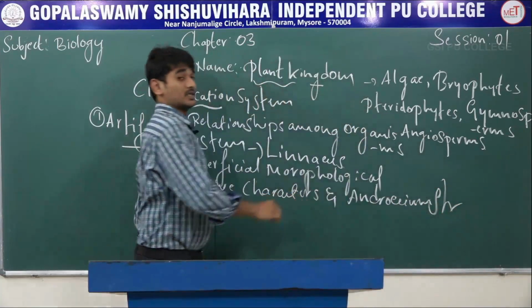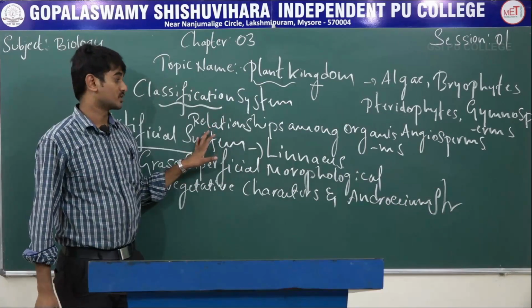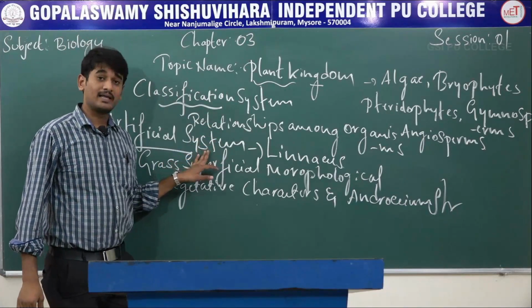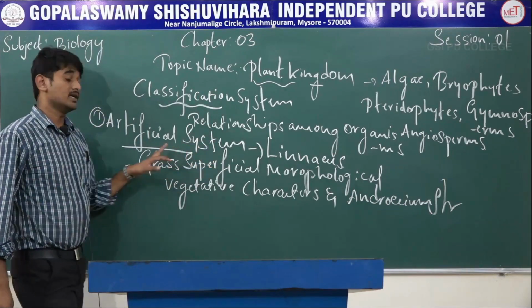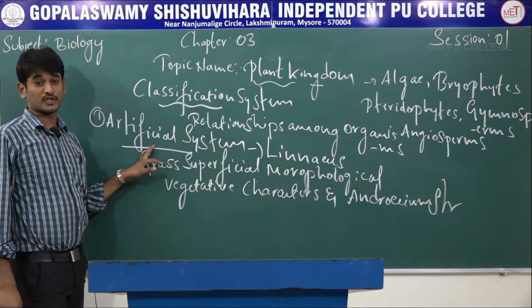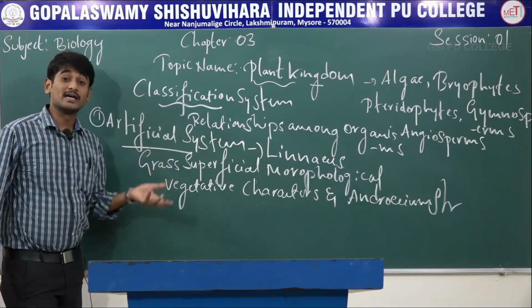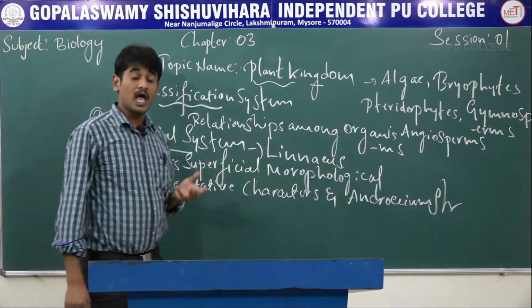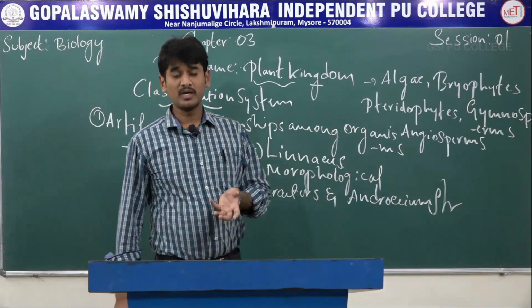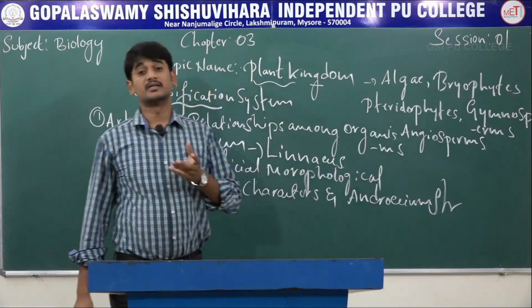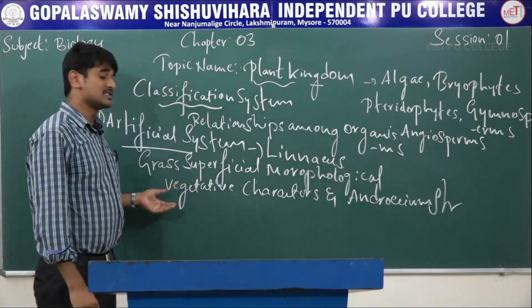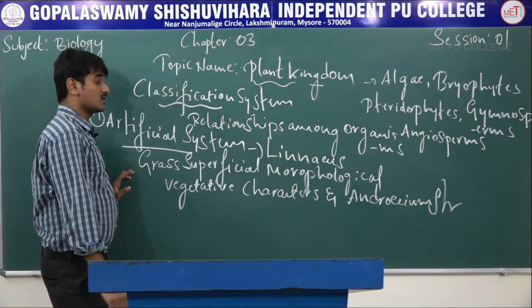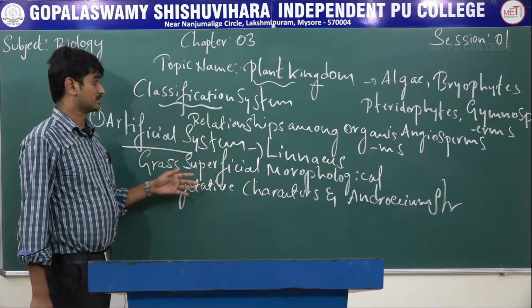So this is all about the artificial system of classification. It was given by Carolus Linnaeus, it is the earliest system of classification, and it used only superficial morphological characters like habit, color, number and shape of leaves, and also some vegetative characters or androecium structure.